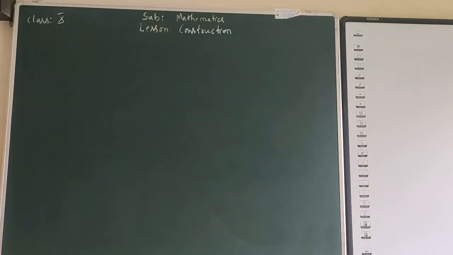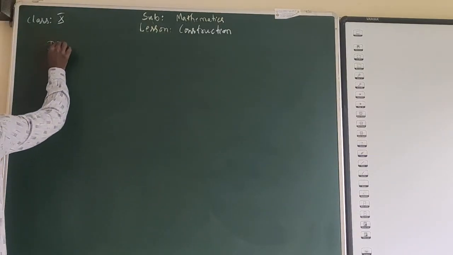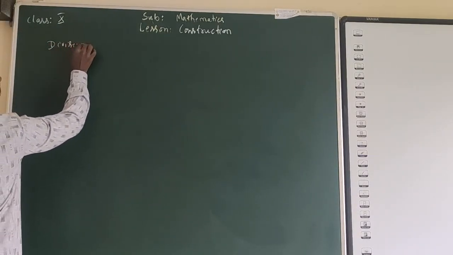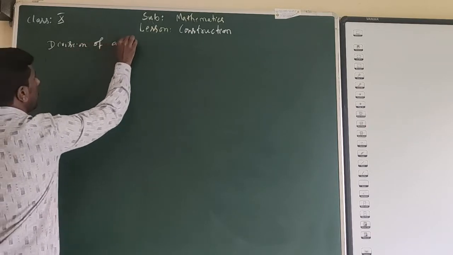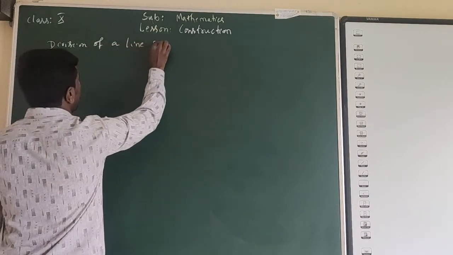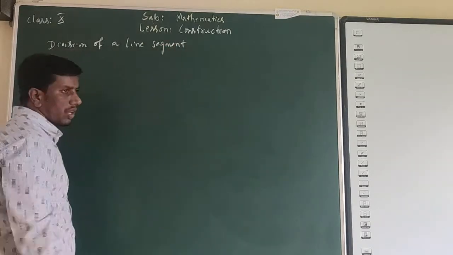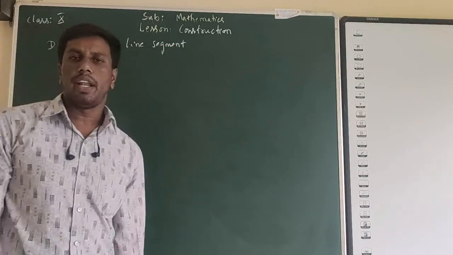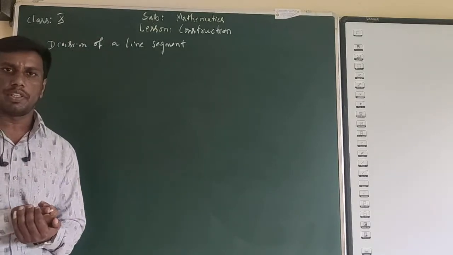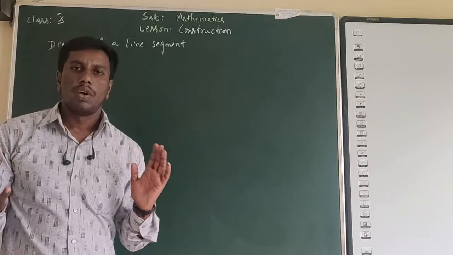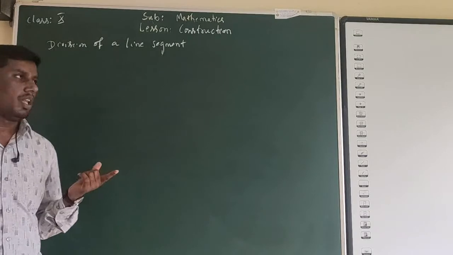The first concept will be division of a line segment. So how to divide a line segment when the ratios are given? They didn't give the exact value. They have given the line segment.